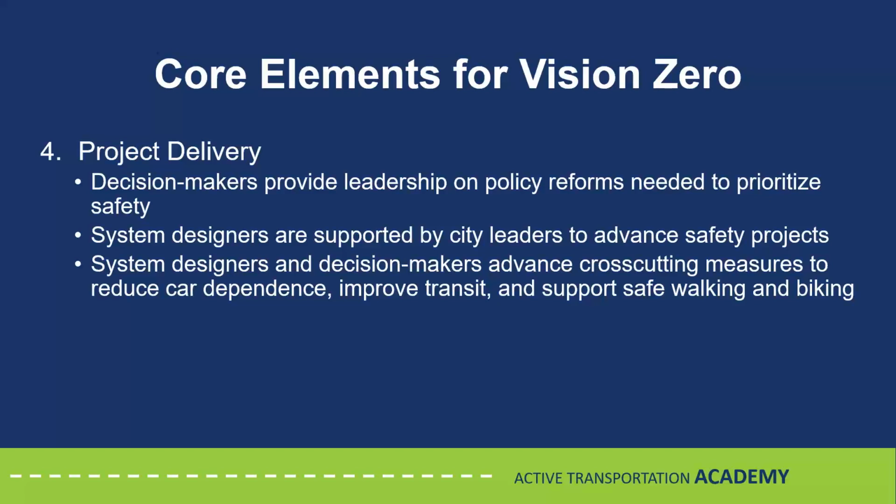System designers are supported by city leaders to advance safety projects. Here we're talking about leadership across agencies, prioritizing safety via collaborative working groups and other resource sharing efforts. This actually is part of both items 2 and 4 listed in FHWA's self-certification eligibility worksheet.